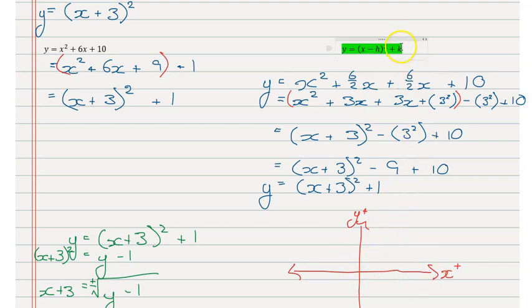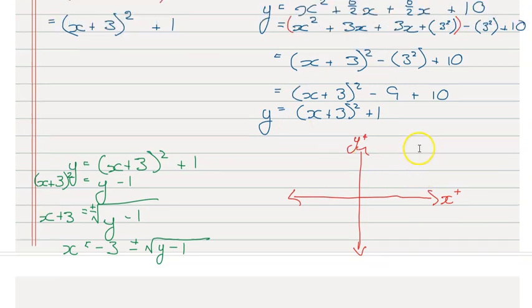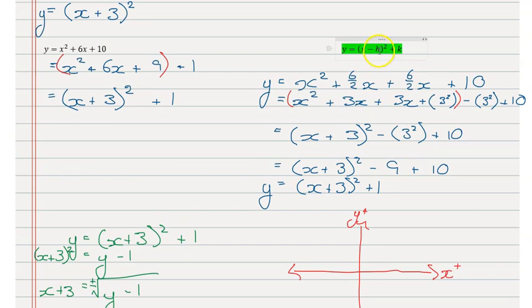Similarly, the k constant here actually translates the parabola up and down, or about the y-axis. So a positive k is going to move your parabola upwards and a negative k is going to move it downwards. Now, as I mentioned, for a positive h, it's going to move it to the right, but notice this is plus 3 and the form itself is minus h. This h here is actually a negative 3.